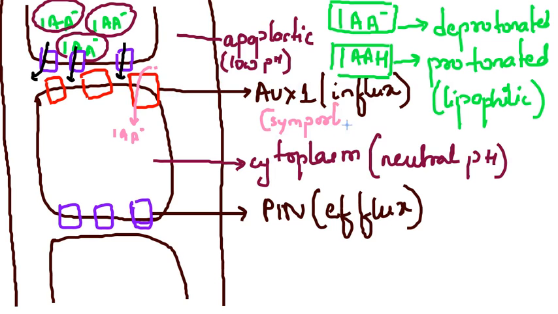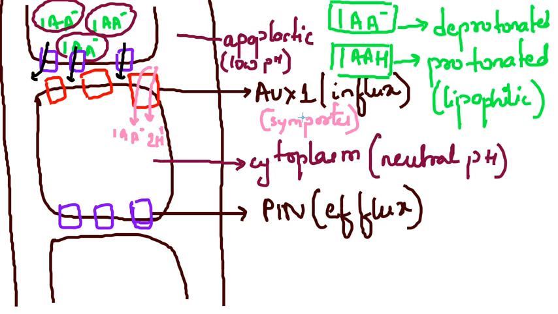That means it is transporting another substance along with IAA in the same direction. So along with one molecule of IAA minus, it transports 2 hydrogen ions inside.